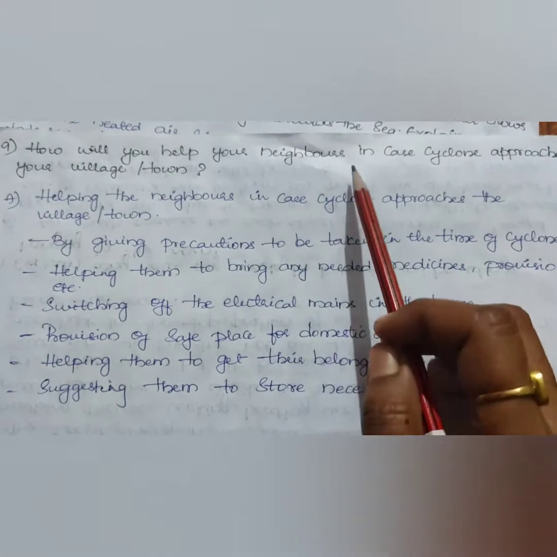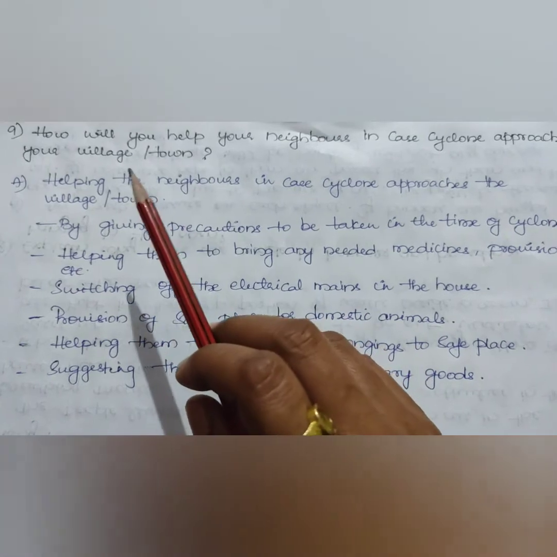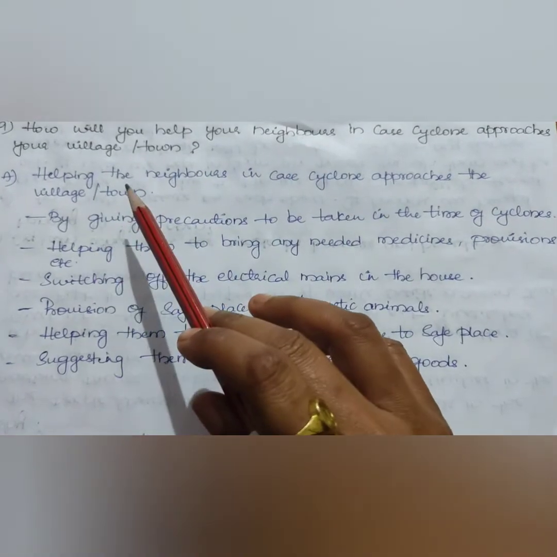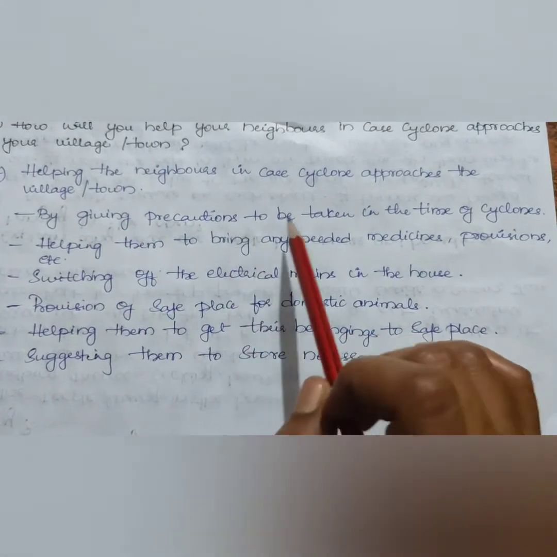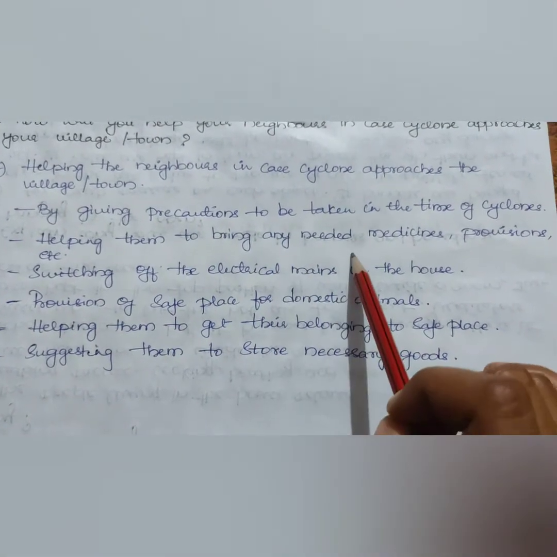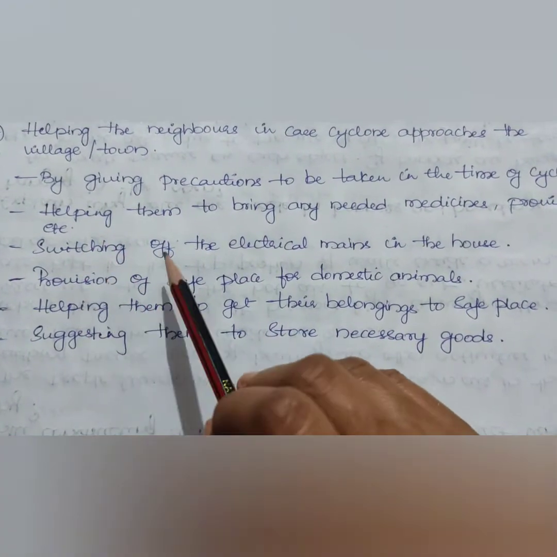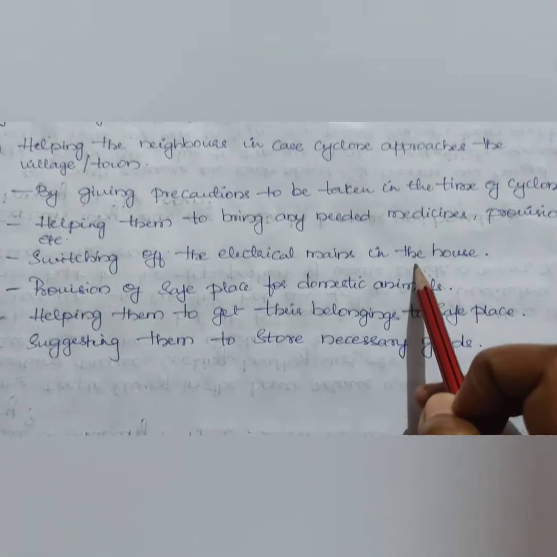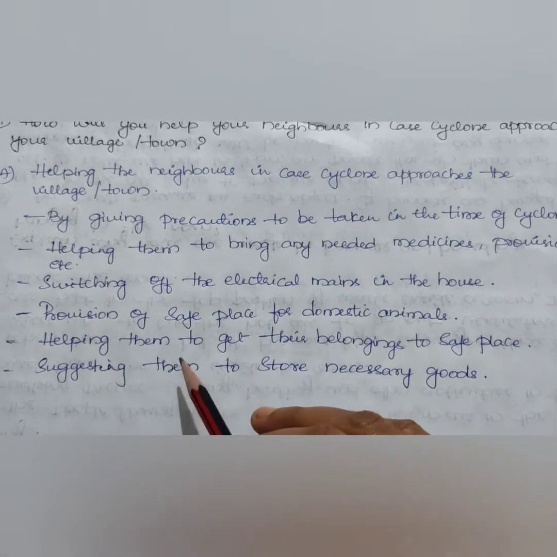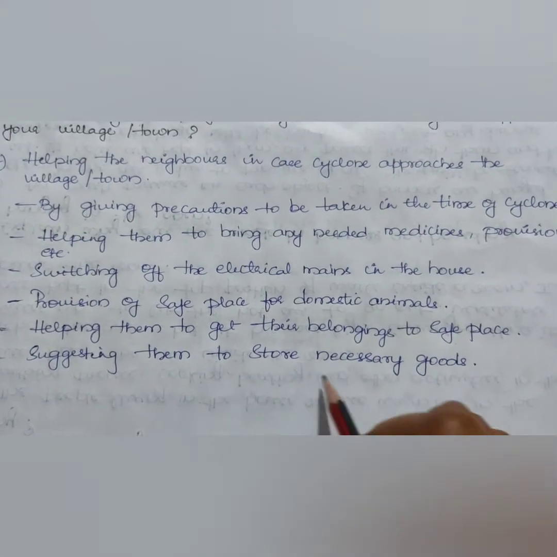Next question. How will you help your neighbors in case a cyclone approaches your village or town? So, helping the neighbors in case a cyclone approaches the village or town by giving precautionary measures to be taken in the time of cyclone to the neighbors and helping them to bring any needed medicines or provisions, and switching off the electrical mains in the house, provision of safe place for domestic animals, helping them to get their belongings to a safe place and suggesting them to store necessary goods.